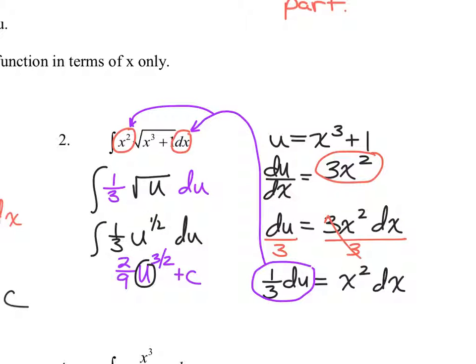The u has to go away because our original integral was represented in terms of x. I don't want a final answer in terms of u. There will be some topics later on where I actually show you in what circumstances you can leave it in terms of u, but that's for a different unit. So 2/9, instead of the u, I put the x cubed plus 1 to the 3/2 plus c.